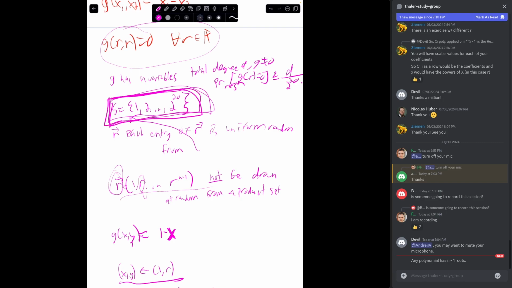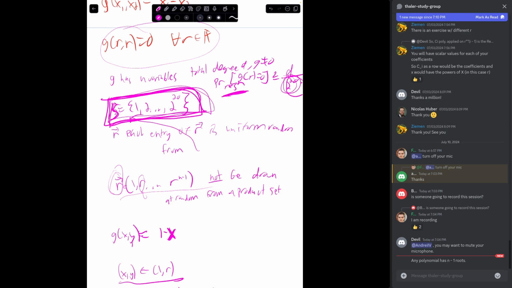So this does work. You can take any S, and as long as you draw each coordinate of R independently from S, you do get a Schwartz-Zippel statement with the denominator in the probability being the size of S.